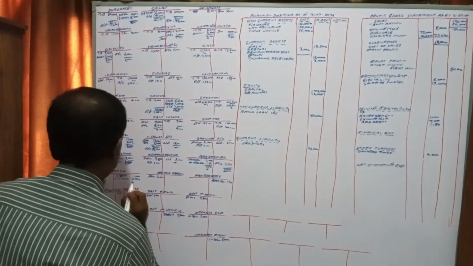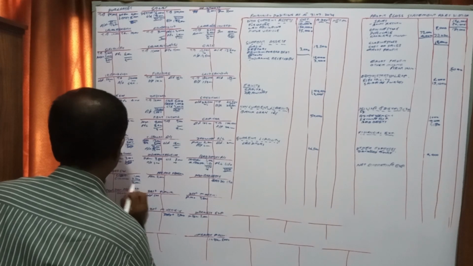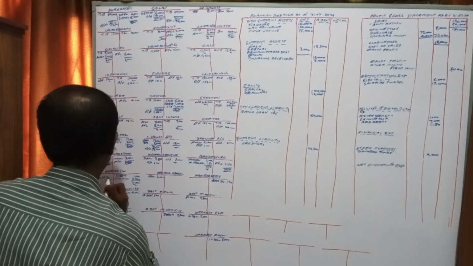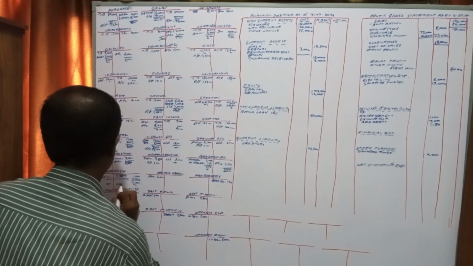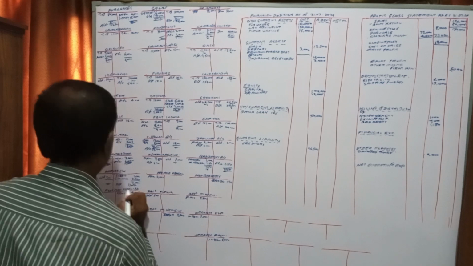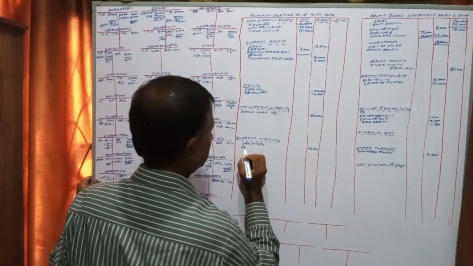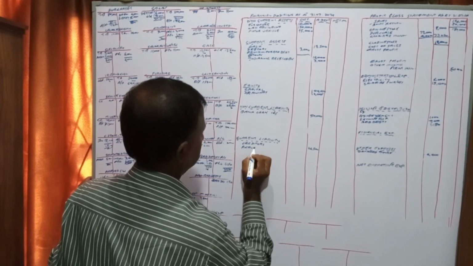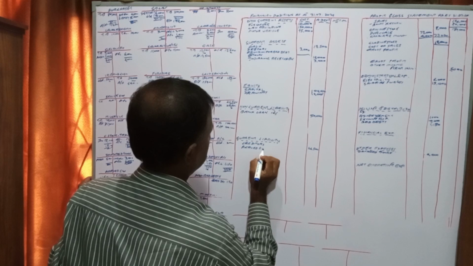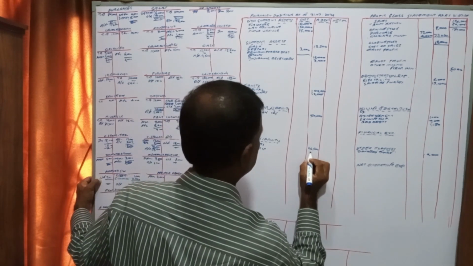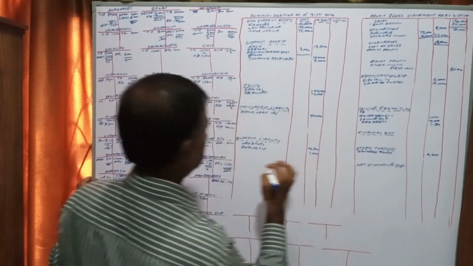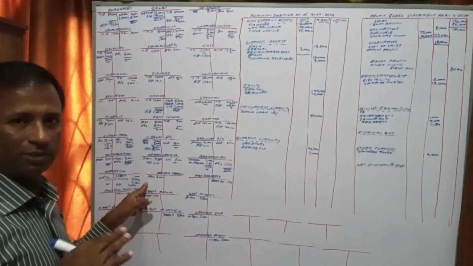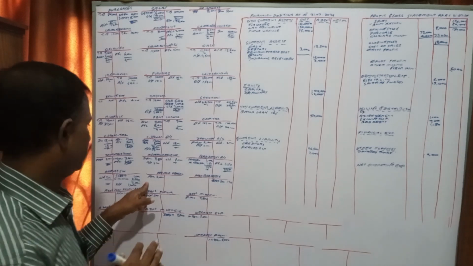And accrued expenses 3,000, carried down 3,000, brought forward 3,000. Accrued expenses under the current liabilities. Accrued expenses are liabilities, current liabilities, right?